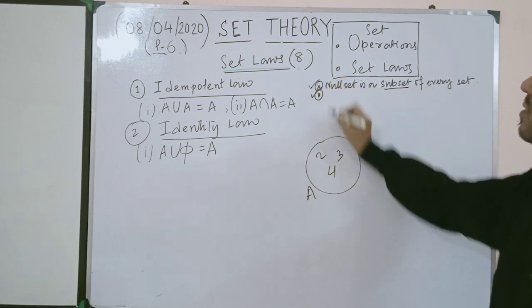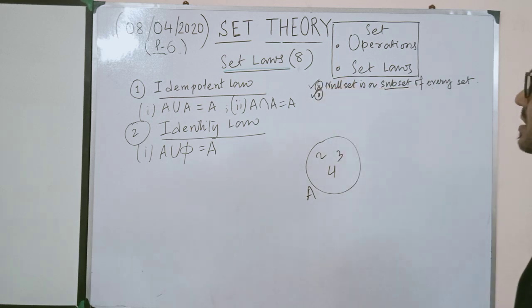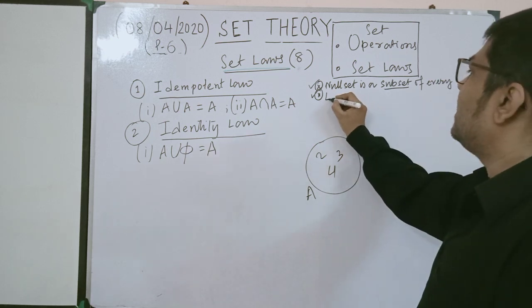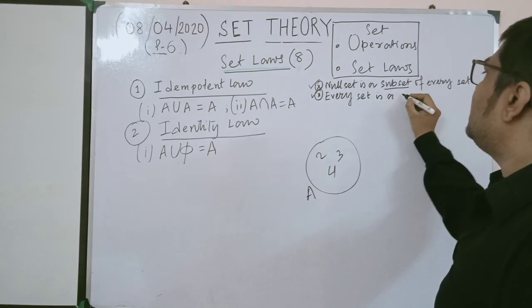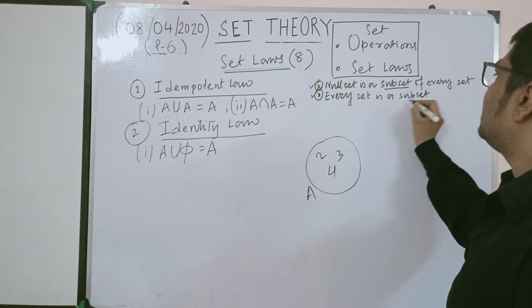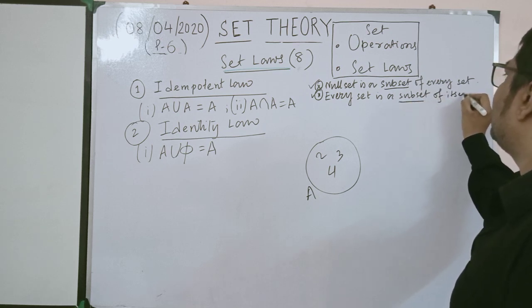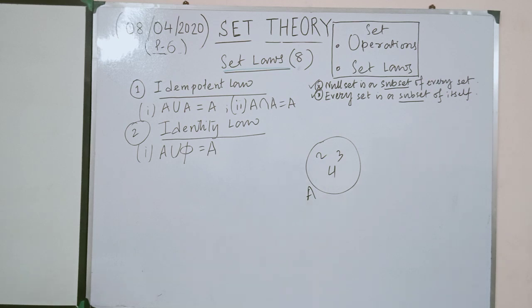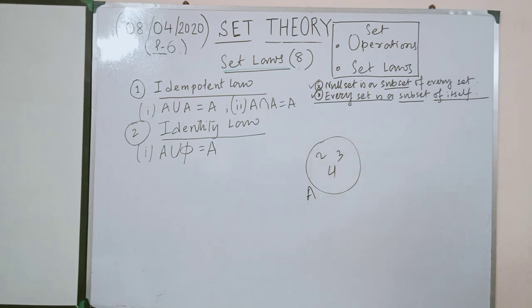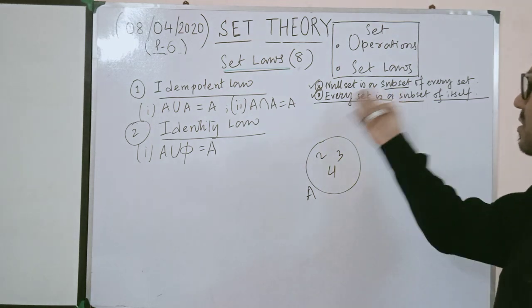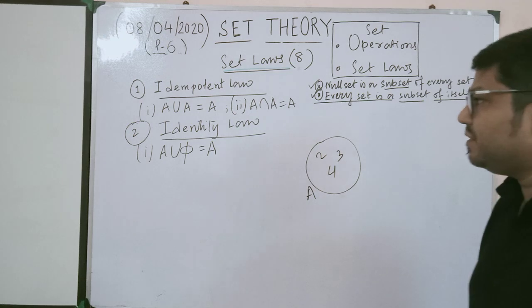These are points I am giving you, you can just add them in your copy for reference. And next you write: every set is a subset of itself. These are the two points I might have missed while I made the subset videos. Please write them down. This will help you understand that A union phi will give you A.